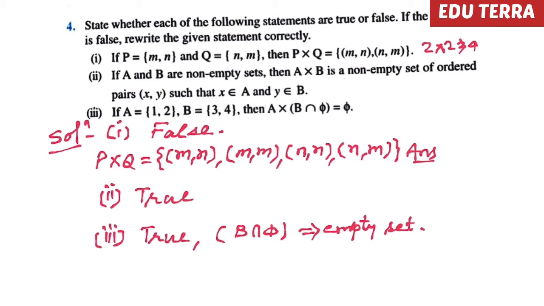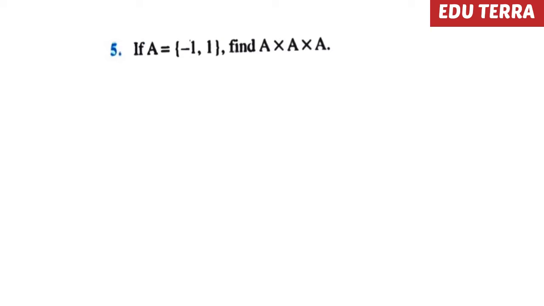Second, it is true, because the first element belongs to A and the second element belongs to B. Third, if A equals {1, 2} and B equals {3, 4}, then A cross B intersection is empty. It is also true. Now question number 5.